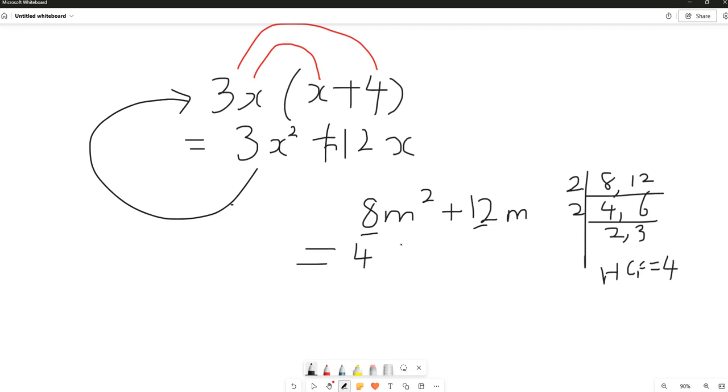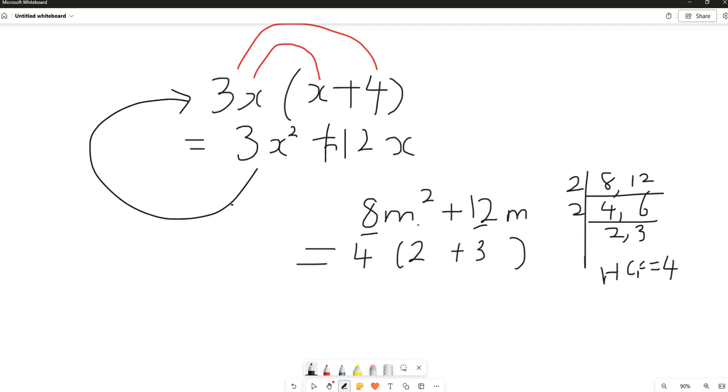So now I'm ready to put in the brackets. Now ask yourself, 8 divided by 4 is 2. Still put a plus sign if it's positive all the time. 12 divided by 4 is actually 3. That's how we deal with this. If you're not sure about the highest common factor, you can do that.